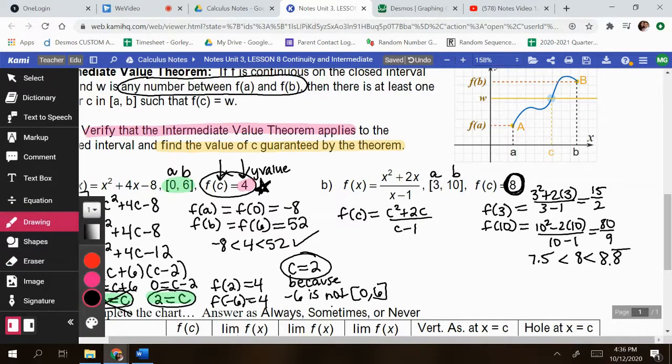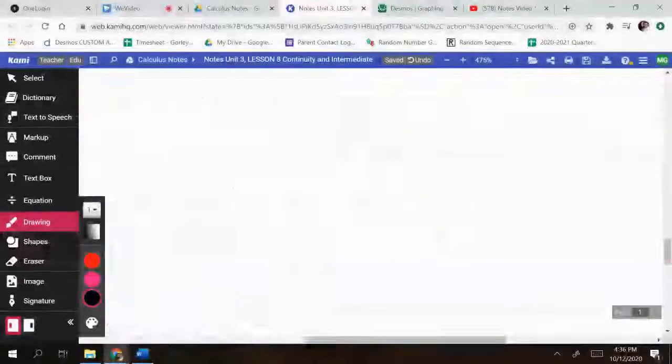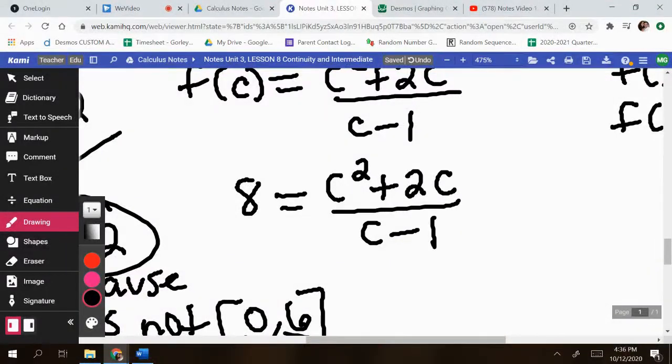So now I can go ahead and do my substitution. It tells me that f of c is equal to 8. So I'm going to go ahead and just plug in 8 for f of c. 8 equals c squared plus 2c all over c minus 1. Okay, and what am I going to do to solve this equation here?